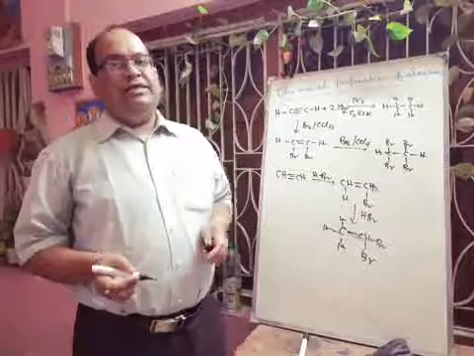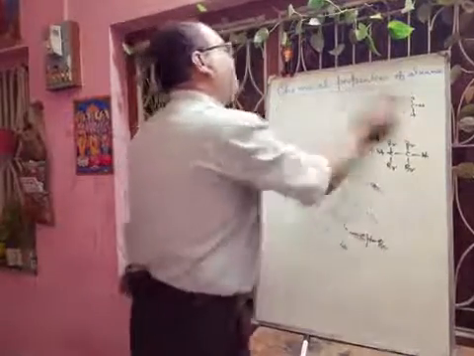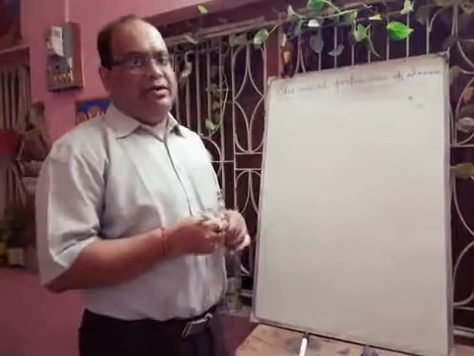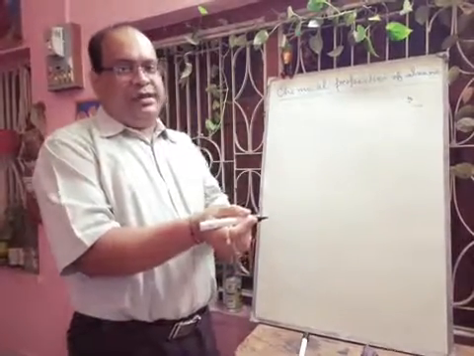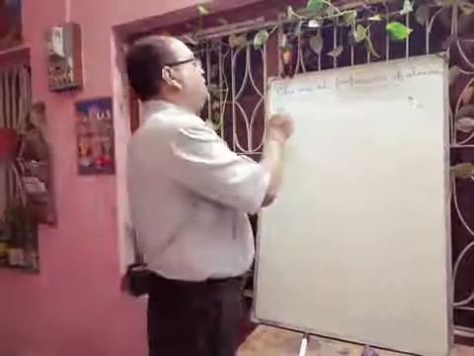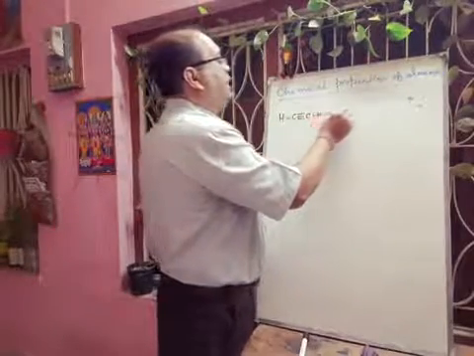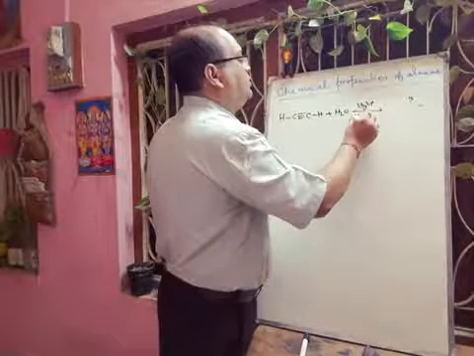Next is the addition of water. In presence of Hg2 plus cation, okay, HgSO4 we have to take in presence of sulfuric acid, okay. So HC triple bond CH, we are adding H2O, Hg2 plus and H2SO4.